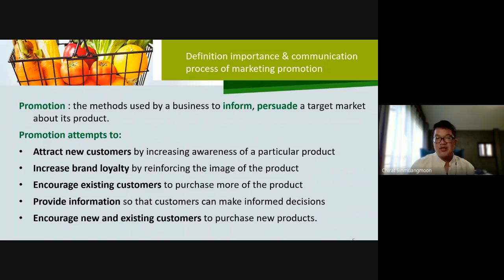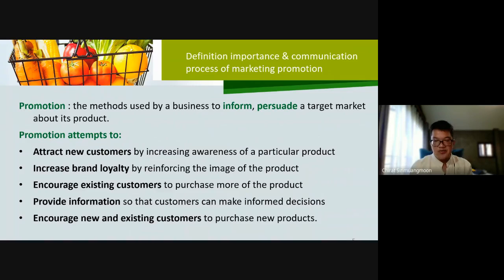If you think promotion is just making people buy your product, it's not just like that. You need to inform, give some information, and try to convince them to buy your product or use your service. So what is the importance of promotion?